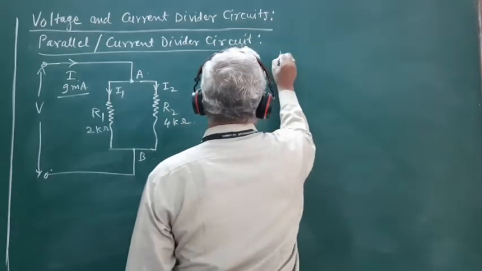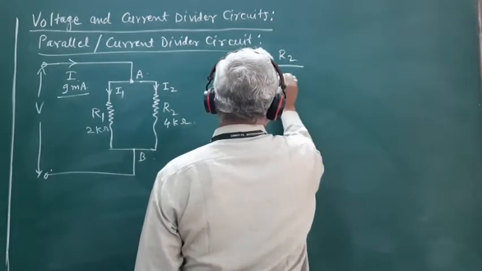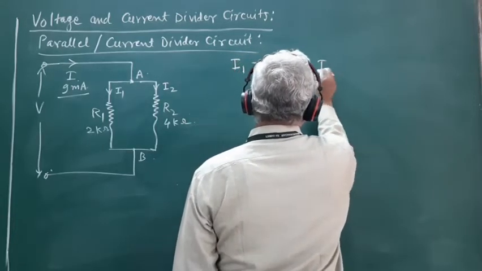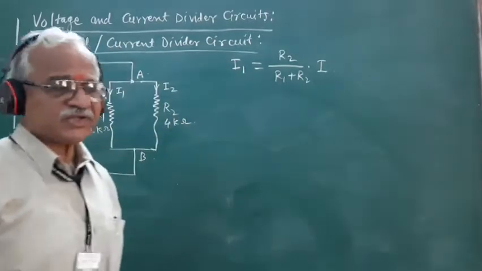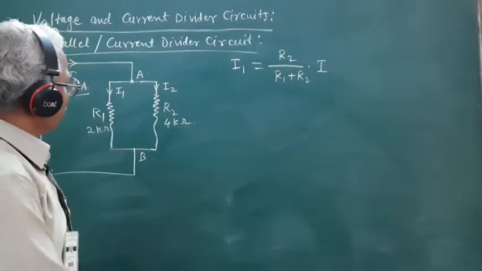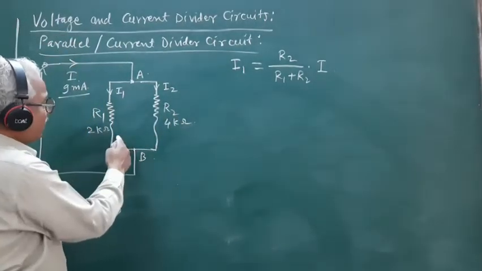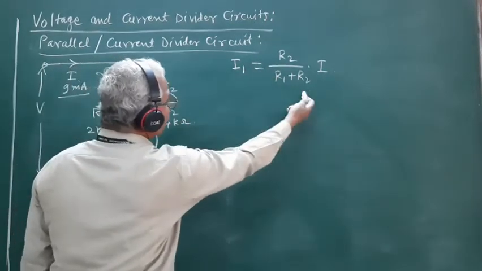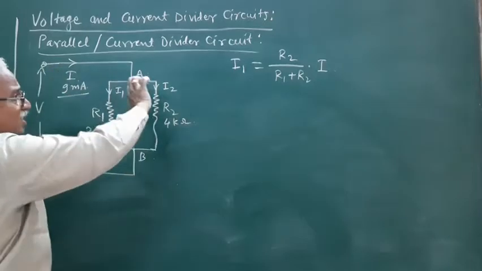So, I1 is equal to R2 upon R1 plus R2 into the total current I drawn from the source. The current to the first resistor R1 is equal to R2 upon R1 plus R2 into the total current I drawn from the source.